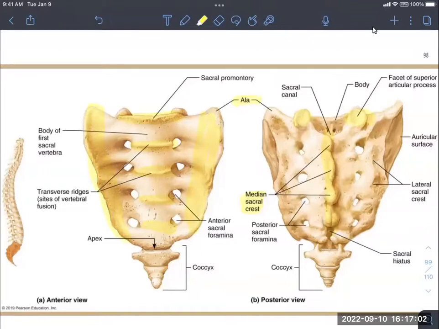We have the apex, which is the bottom. Below that is the coccyx. The coccyx is like 3 to 4 fused bones together at the bottom. We have our articular surface over here. This is what attaches to our hip bones, where our hips attach to the body.